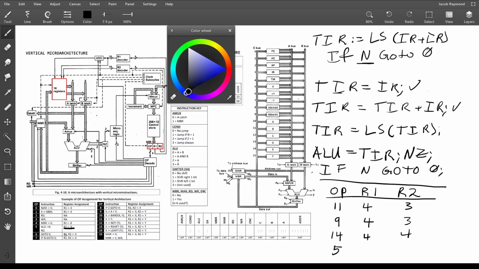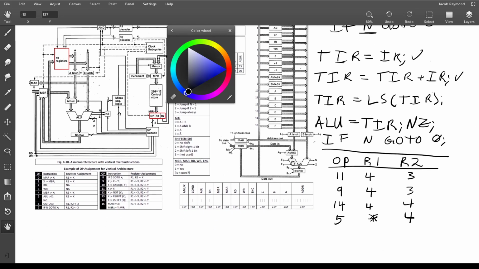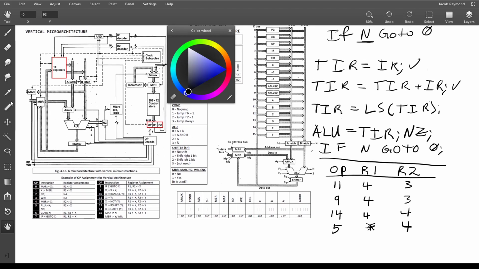Something to note here is that it says to put whatever register you want as R2. So make sure you're paying attention to the register assignment and how the table needs to be filled out. So I know TIR is register 4, so I'll put that as R2, and then we don't care what R1 is because it's going to be ignored in the actual running of the operation anyways. So that is both this operation and this operation.